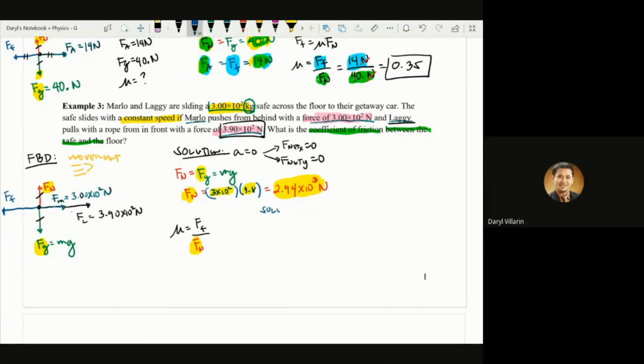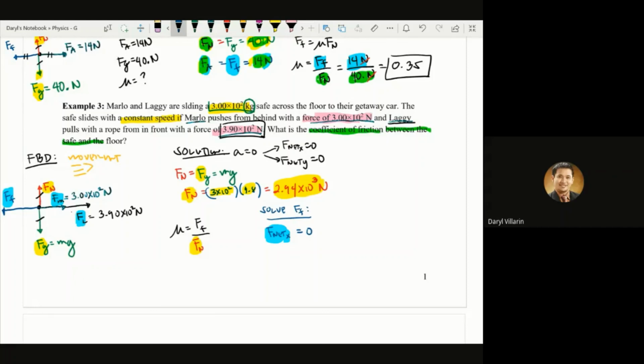So you need to solve Ff. Again, we can use the fact that the net force along x is 0. But what are those forces? If you can see, that is made up of your FF, FM, and FL.